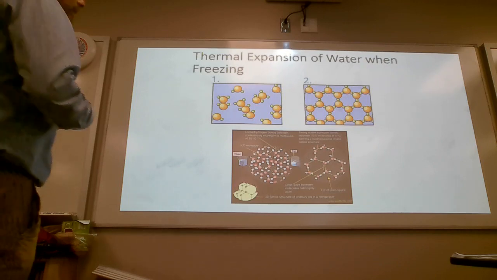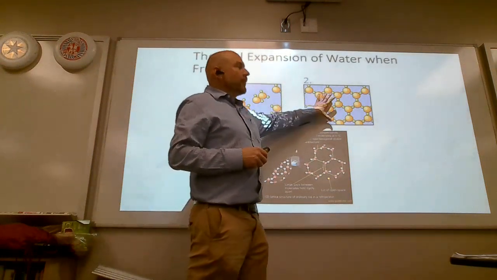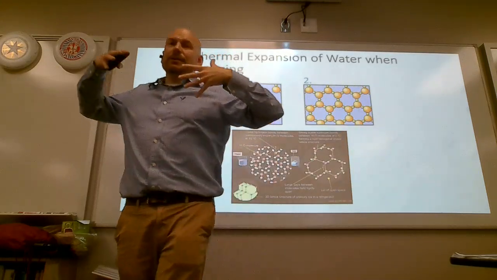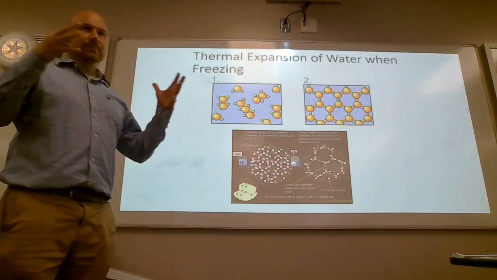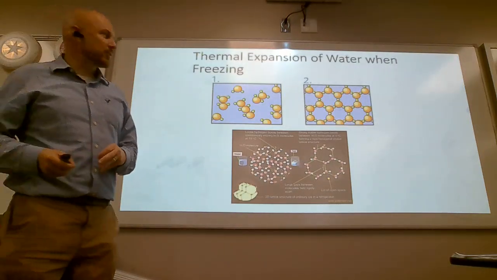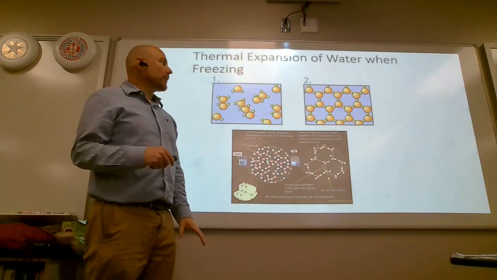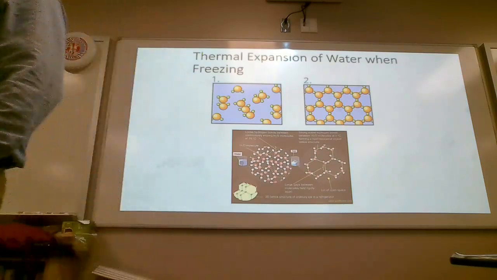The reason for that is when water freezes, it becomes really organized and spreads out in a crystal lattice that's very spacious, I guess we could say. Versus in liquid water. So this is what makes ice less dense than water.